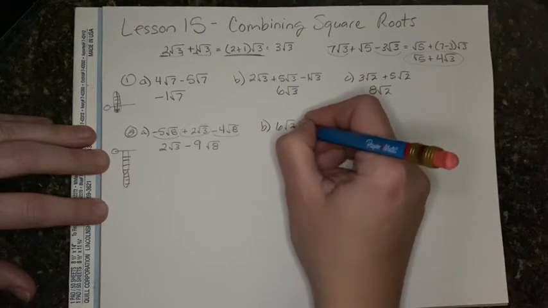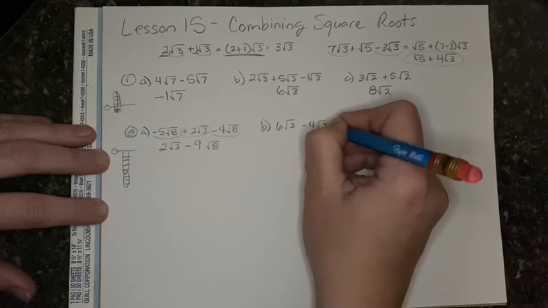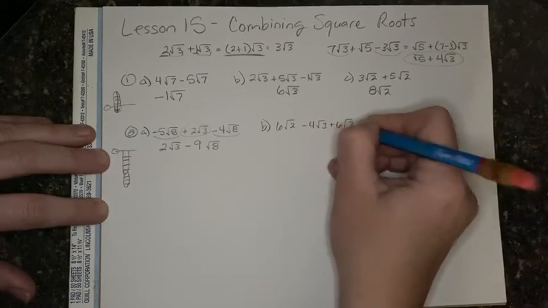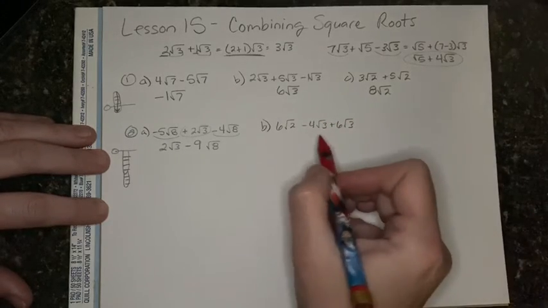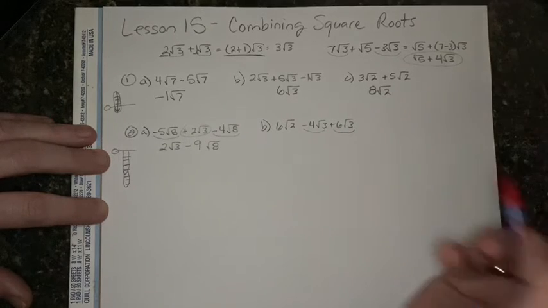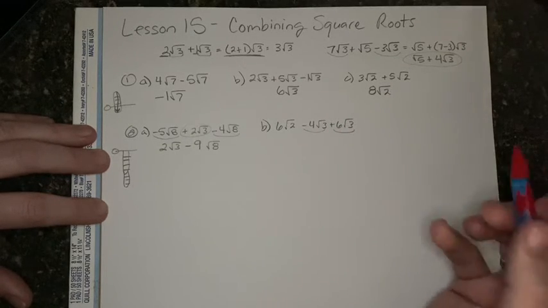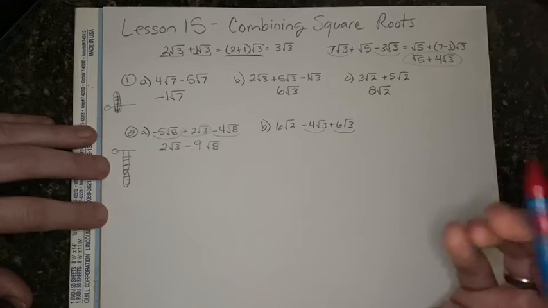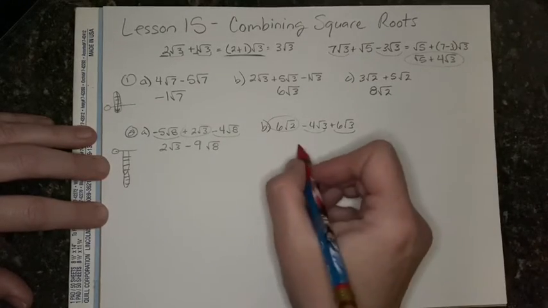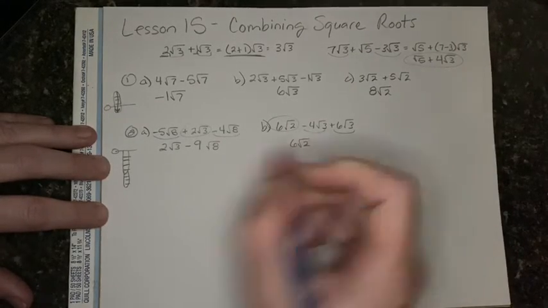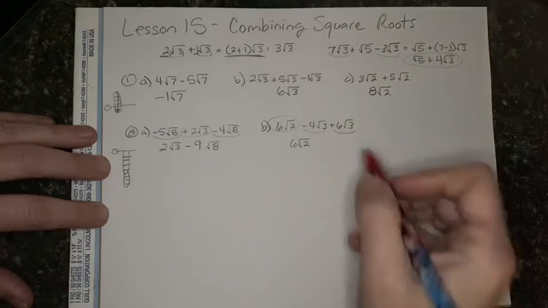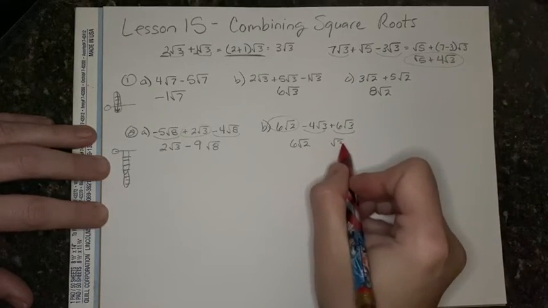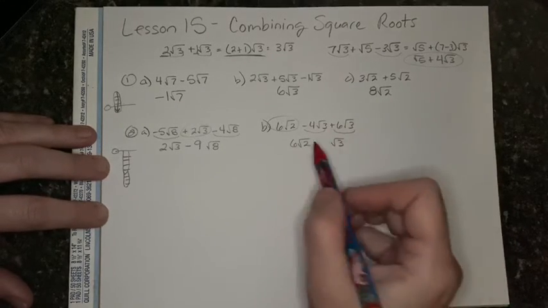B. 6 times the square root of 2 minus 4 times the square root of 3 plus 6 times the square root of 3. We've got 2 like numbers that we can add or subtract, or combine. This is by itself, so we are left with 6 times the square root of 2. That's not going to change. And we know we're going to have a square root of 3 because it's in there.